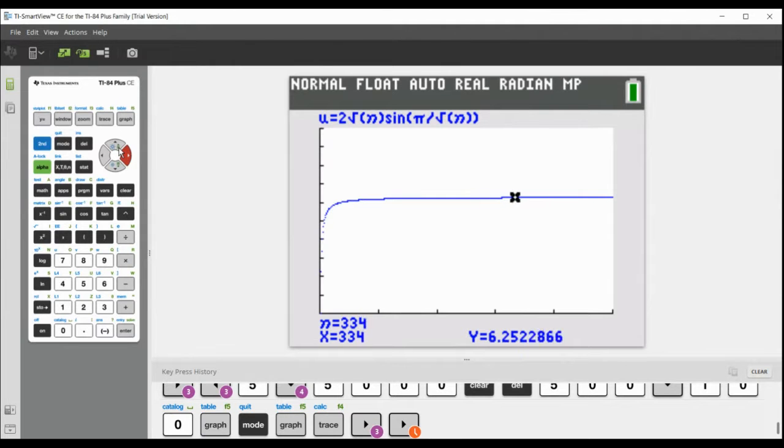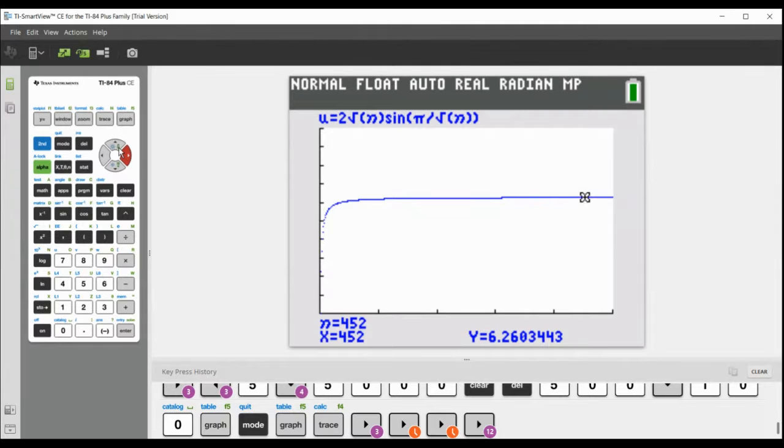And it's still not quite settling down, but it looks to me like around 6.26, 6.27, something like that, for the sequence converging.